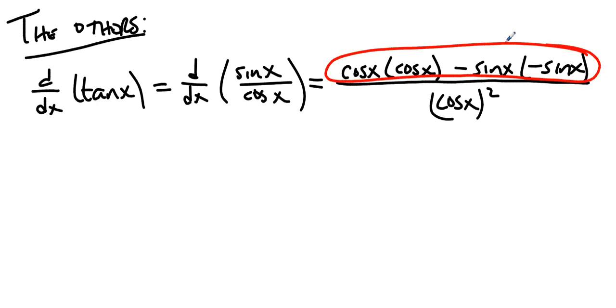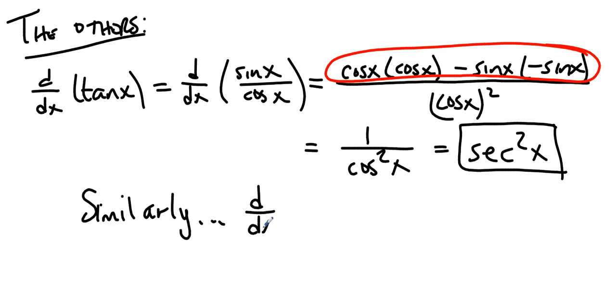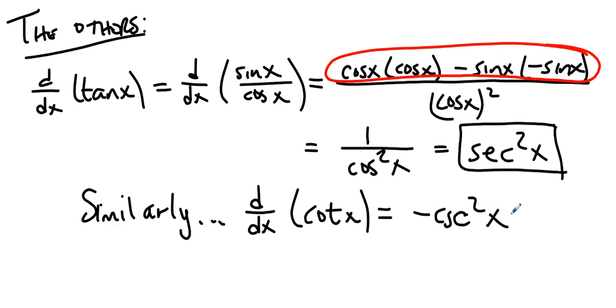This is cosine squared x plus sine squared x. And you know what cosine squared x plus sine squared x is. That's 1. And so sometimes you see the derivative written like this. I know the International Baccalaureate writes the derivative of tan x like this, but most often in American calculus textbooks, you see that the derivative of tangent x is secant squared x, because secant and cosine are reciprocals. In a similar way, the derivative of the cotan function is negative cosecant squared x.